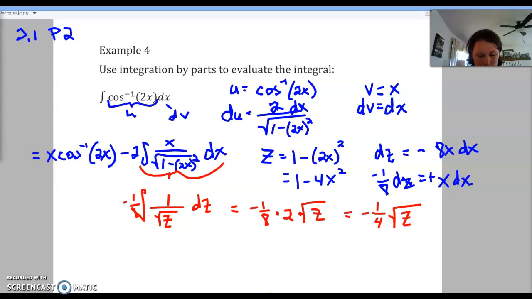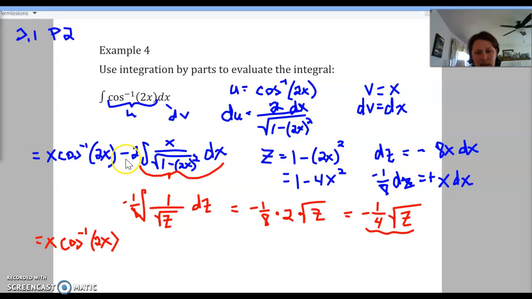Now we can go back and plug that in up here. So now we have that equals x arc cosine of 2x, and then that's going to become a plus. We're going to plug this right in here for that.